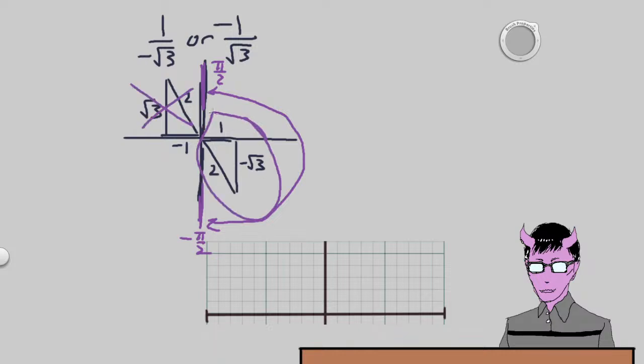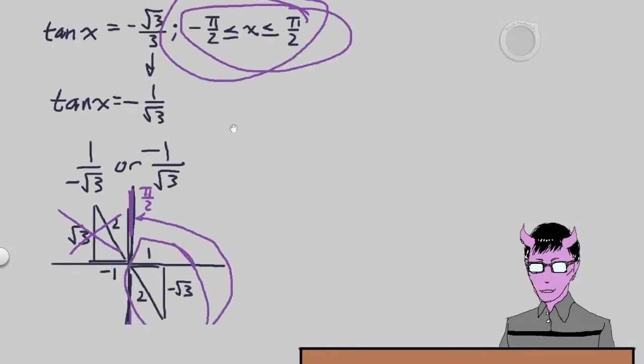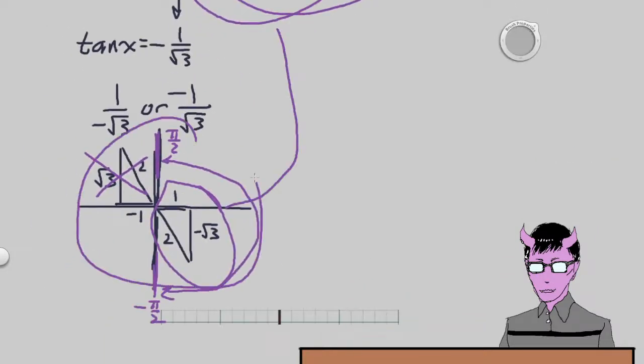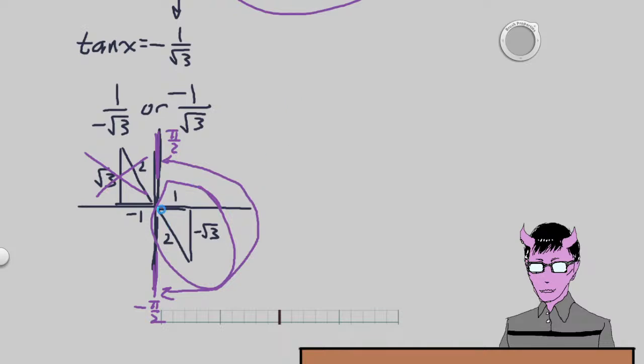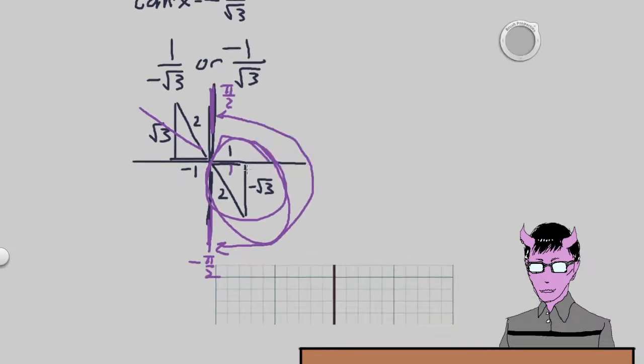So visually we can get a confirmation because this domain restriction is a lot easier to visualize. In fact, you could just see it from the rough sketch. So therefore we only have one triangle between those two restrictions. It's that one, which is what? Oh wait, I guess we didn't answer the actual angle. So the actual angle for this is from here to here. It's to the negative, right?